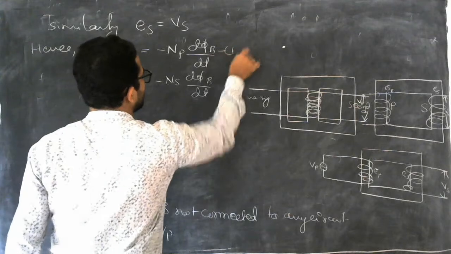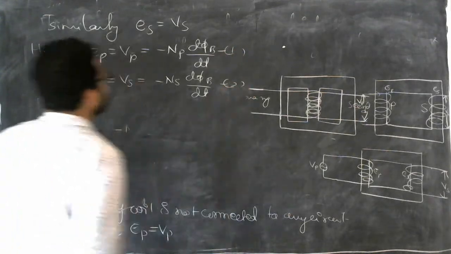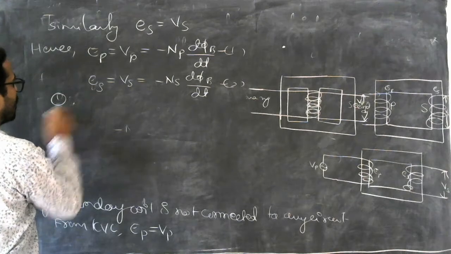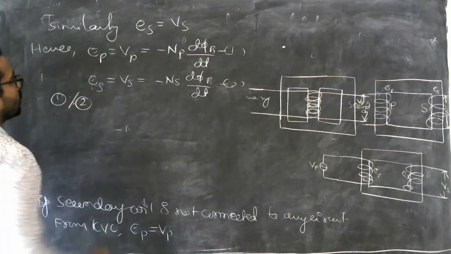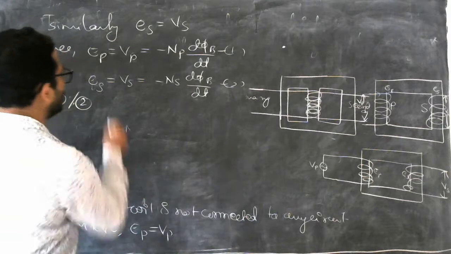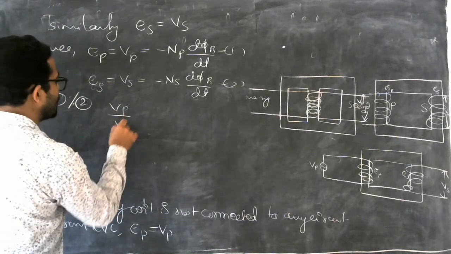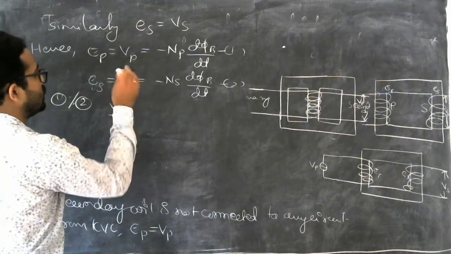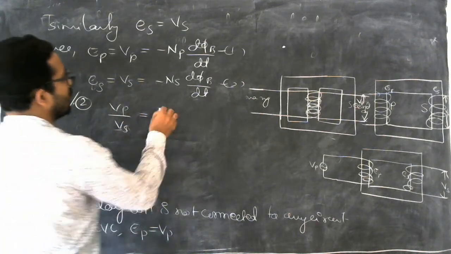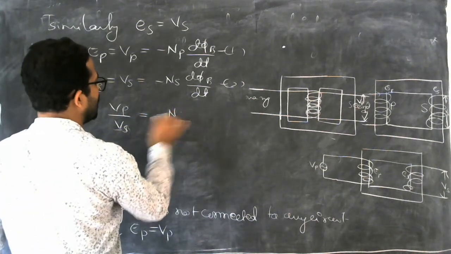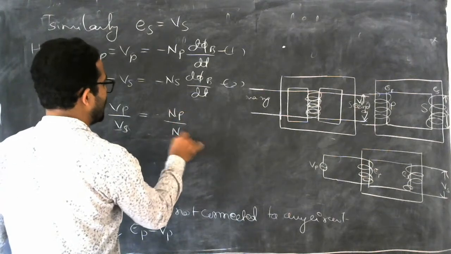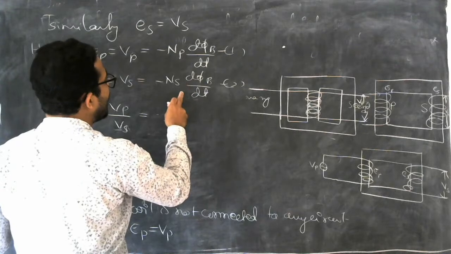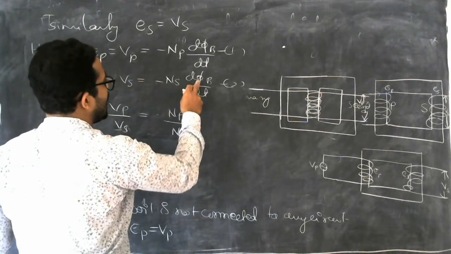Now let us take equation 1 divided by equation 2. VP by VS is equal to minus NP d phi by dt divided by minus NS d phi by dt.